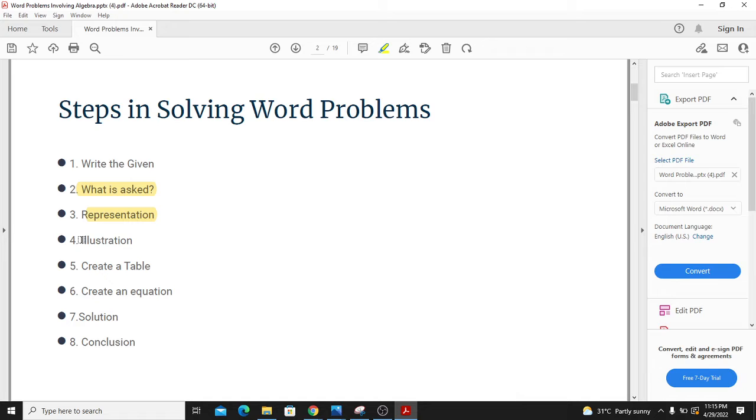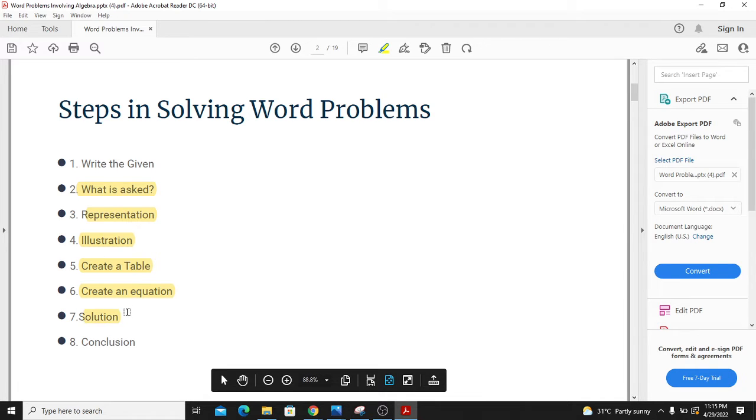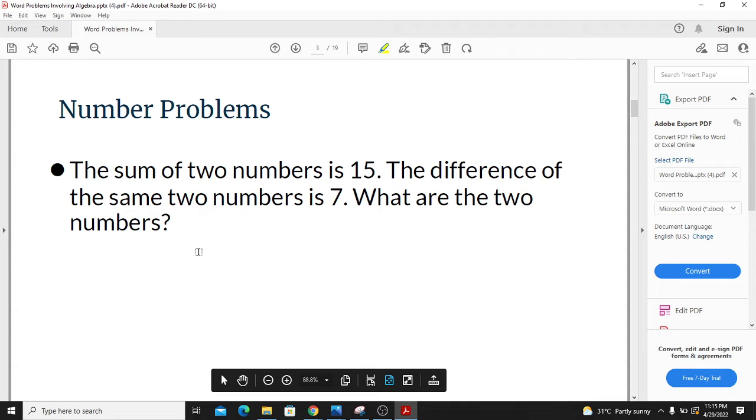And then some problems require an illustration, some require us to create a table so that we will be able to picture it out and it will be much easier for us to create an equation. And then once we have an equation, we can solve the problem, and once we have the answers, we can now provide a conclusion.